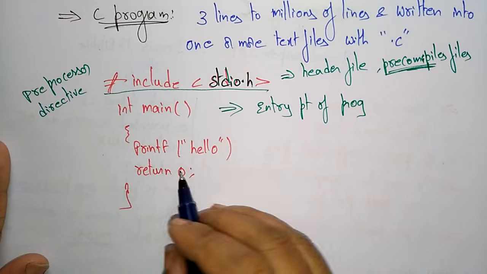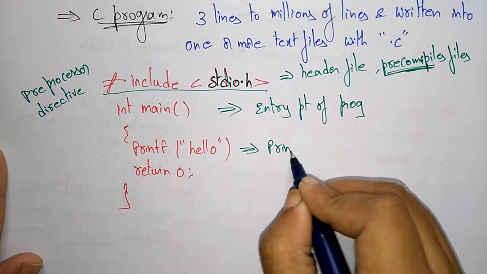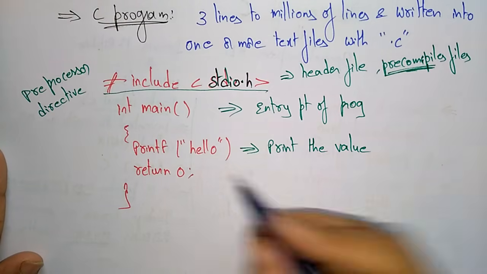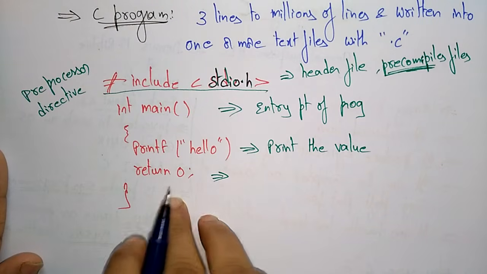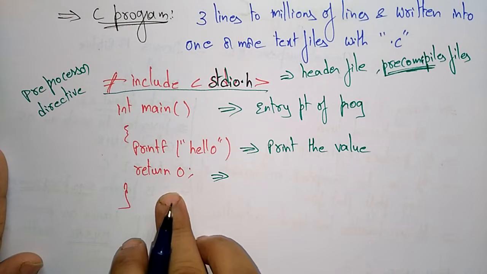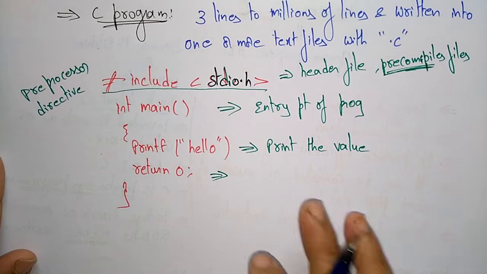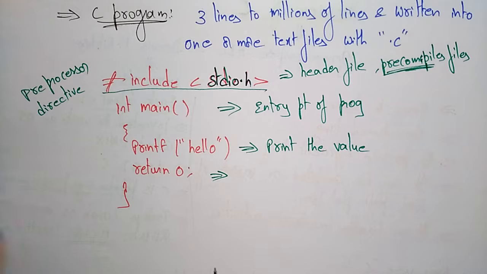Now coming to this printf. Printf will print the result, print the value on the screen. So hello will be printed. And coming to return 0, why are we writing return 0 here? Actually this is not compulsory. Even if we don't write return 0, the C compiler will take it as return 0 after ending the statement.